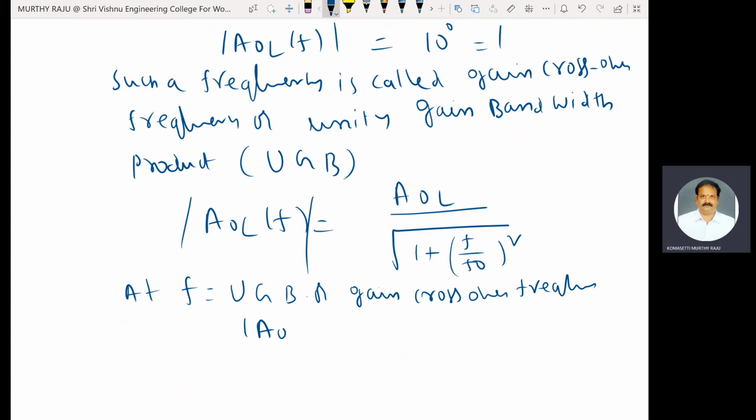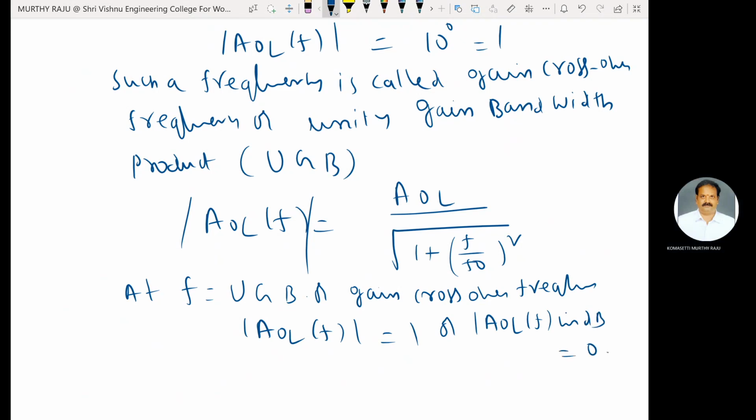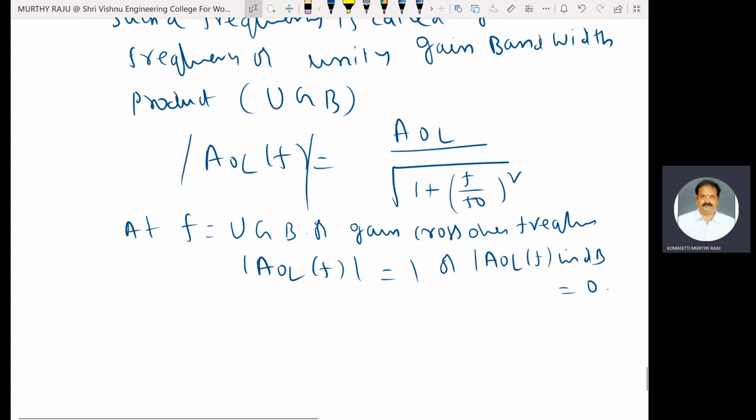mod AOL of F is equal to 1, or mod AOL of F in dB is equal to 0. Here the magnitude function is not in dB. Therefore, mod AOL of F is equal to unity.